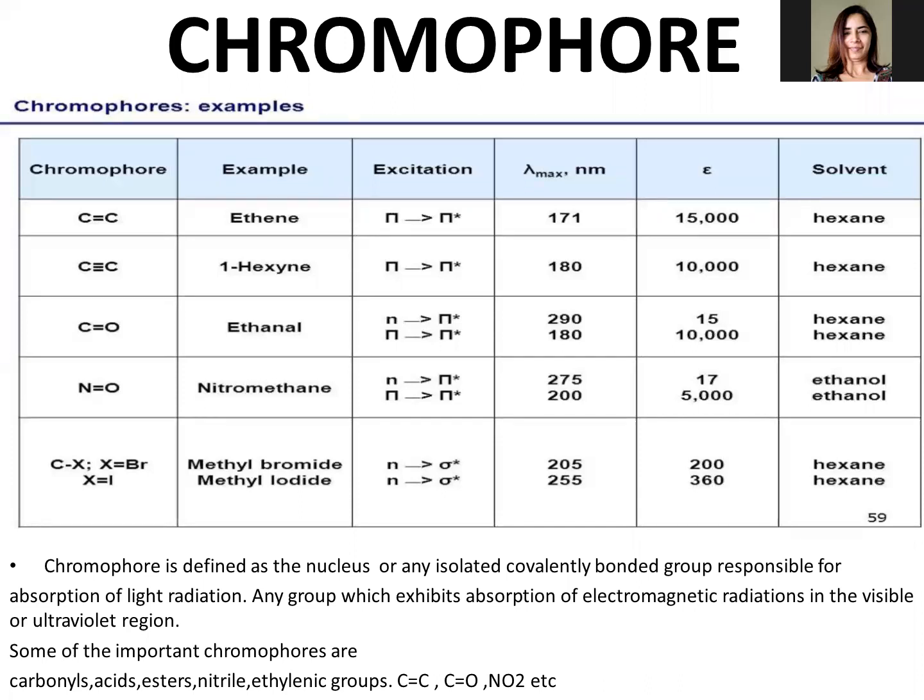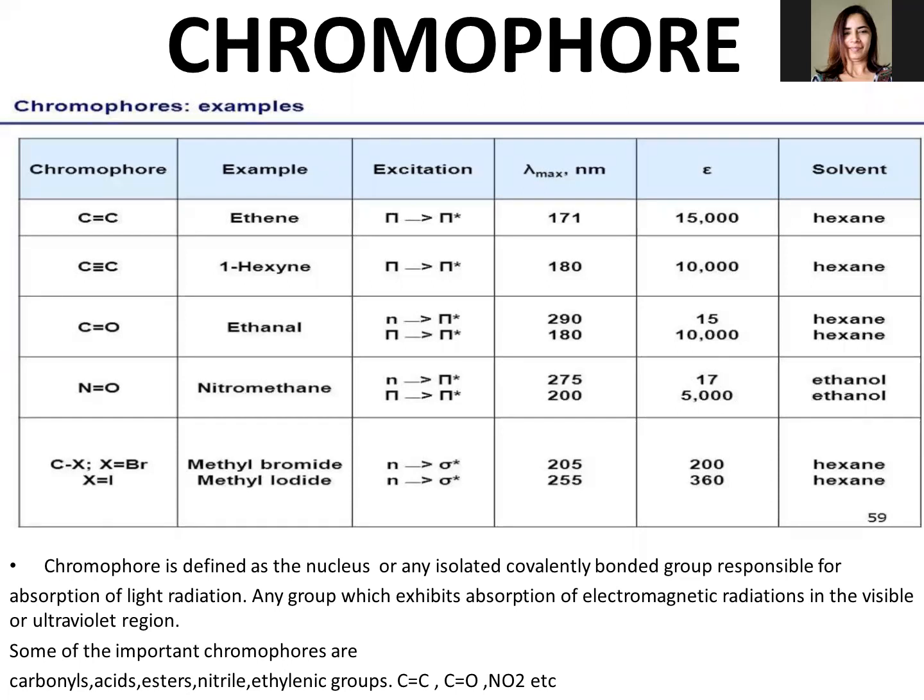Chromophores in which the group contains pi electrons undergo pi to pi star transitions, for example ethylene, acetylene, etc. While the chromophores which contain both the pi electrons as well as the n electrons may undergo two types of transitions, that is pi to pi star and n to pi star.